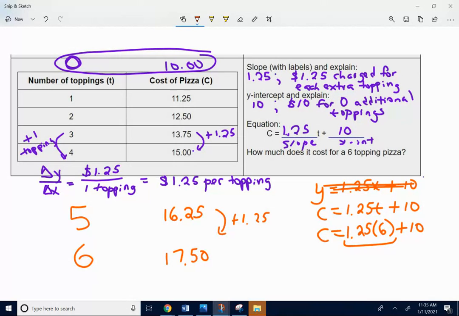All we need to do is figure out what $1.25 times 6 plus 10 is. $1.25 times 6 would be $7.50. Then add 10 to that, and that's going to give us the $17.50 that we had by looking at the data. So it's $17.50 for a 6-topping pizza.